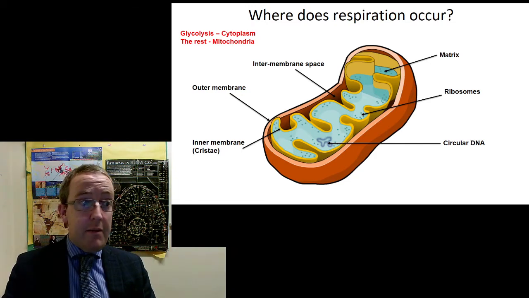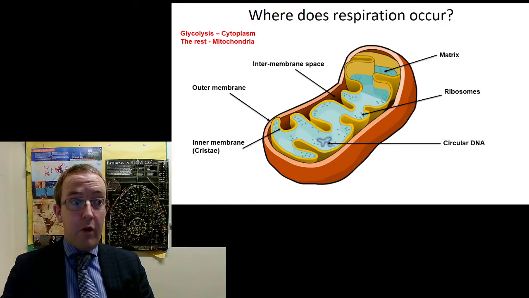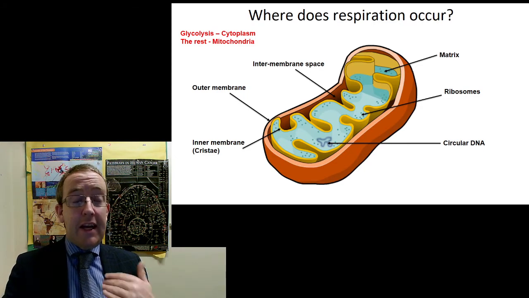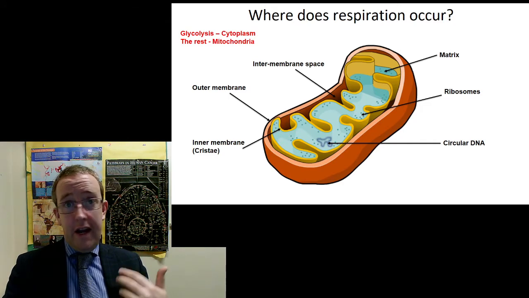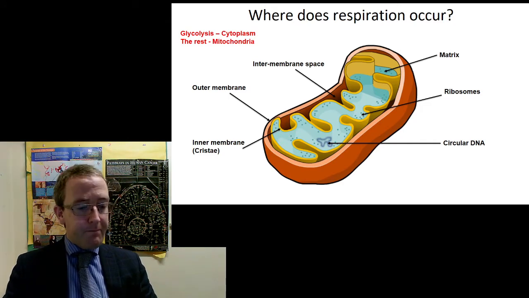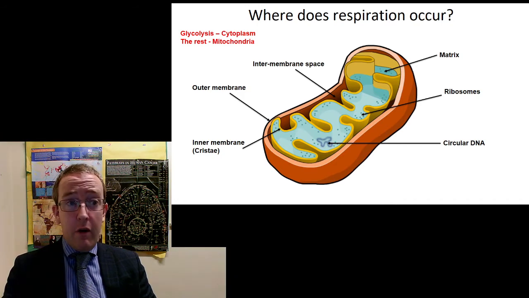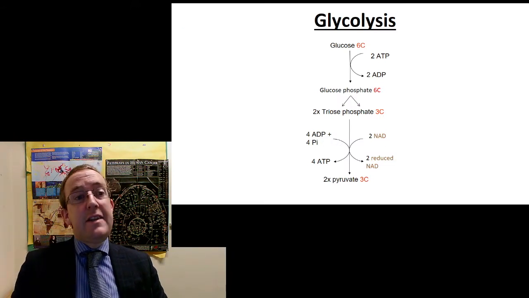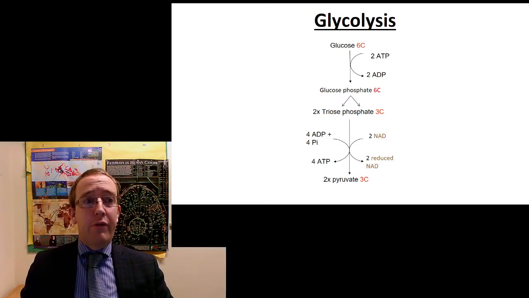Okay, and it's an incredibly successful thing, but they've still got a legacy, a history of being free-living prokaryotic-like organisms in terms of their circular DNA, their own ribosomes, meaning they can make their own RNA and their own proteins. Okay, and of course all those proteins are involved in respiration, pretty much, because that's what the mitochondria does. So here is glycolysis, and it is literally just a load of chemical reactions.